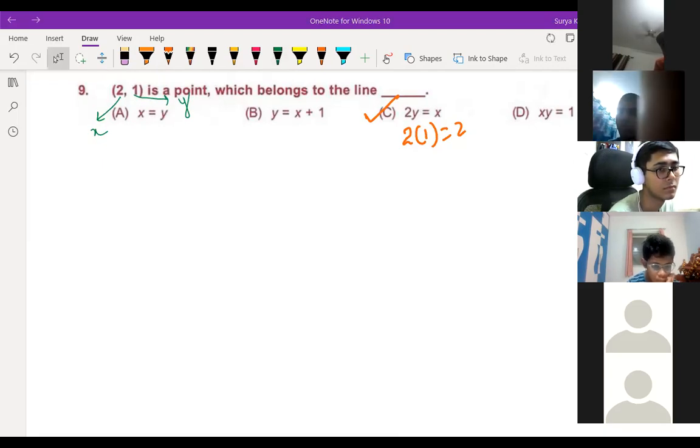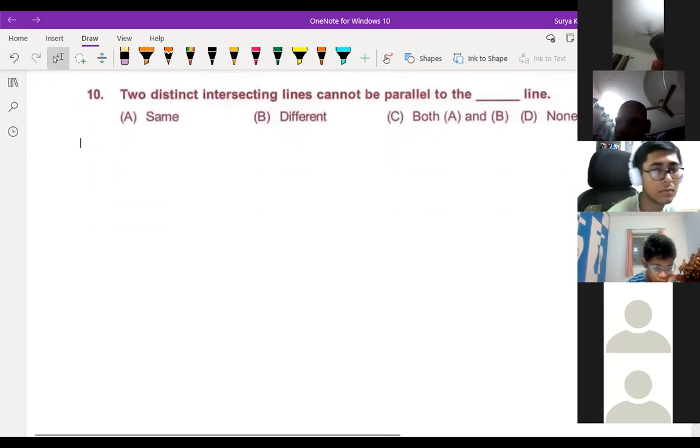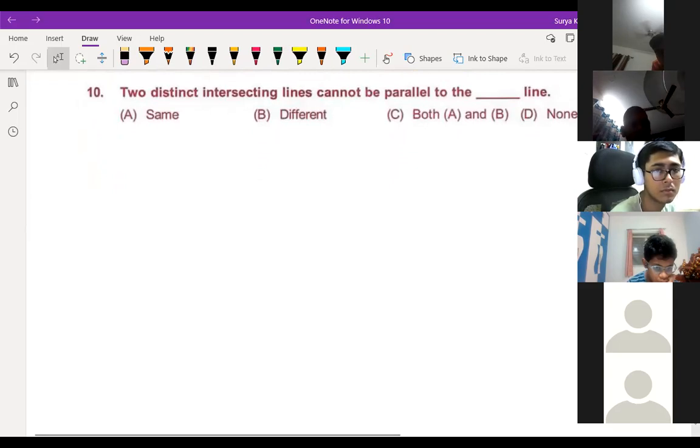Next one is: two distinct intersecting lines cannot be parallel to the dashed line. What do you mean distinct? Distinct means what? A different line.